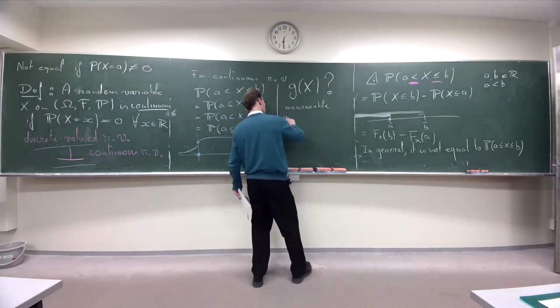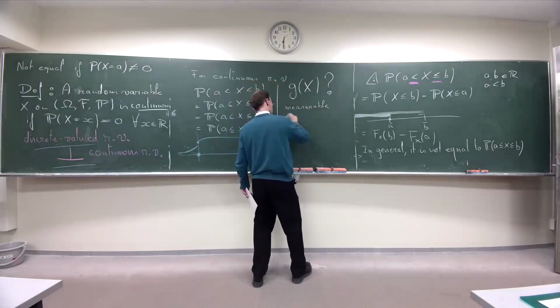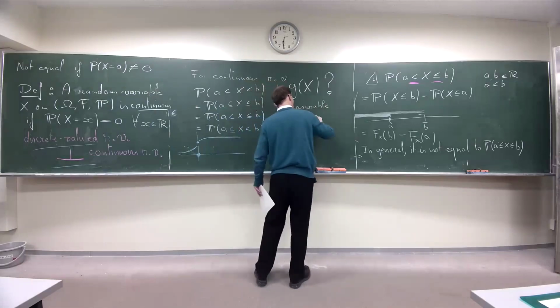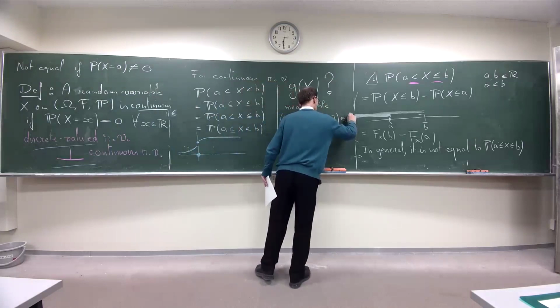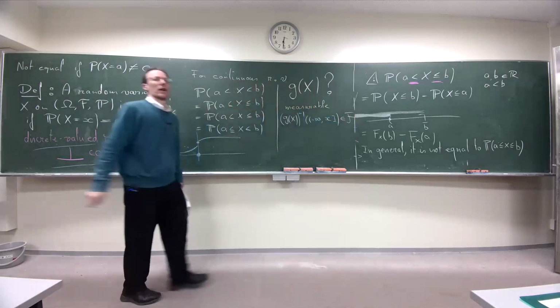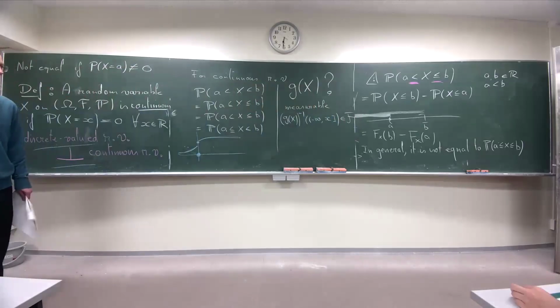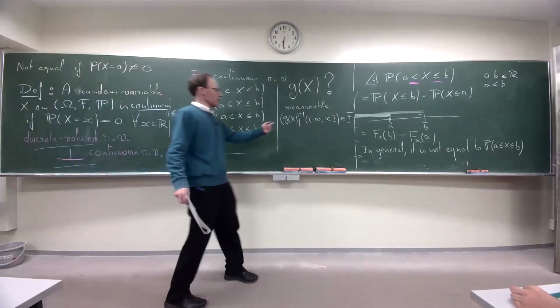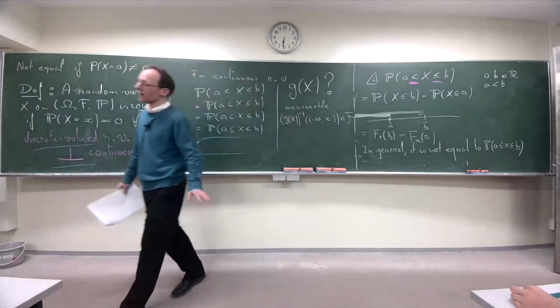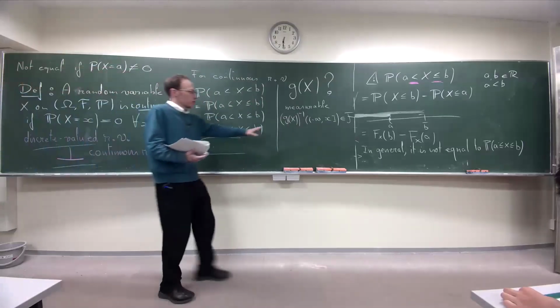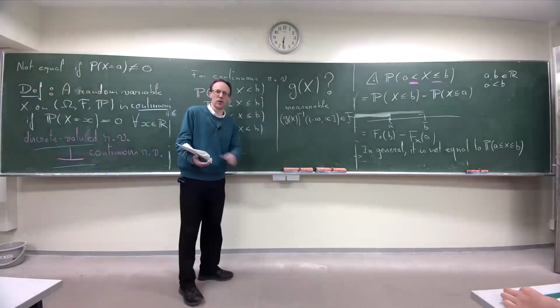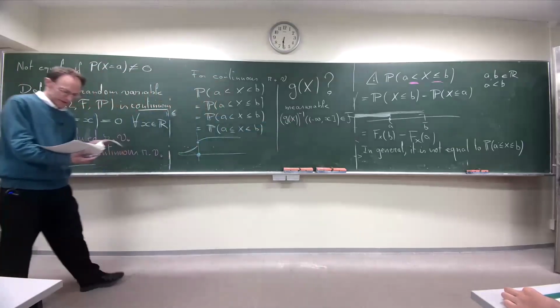So it means G of X, inverse image of any interval like this, has to belong to F. So if you know it for X, what condition on G ensures that you have this? Which is a bit technical. I will not spend so much time, but you can guess it's not true for an arbitrary function. I need to do something. So I will just mention this next time.